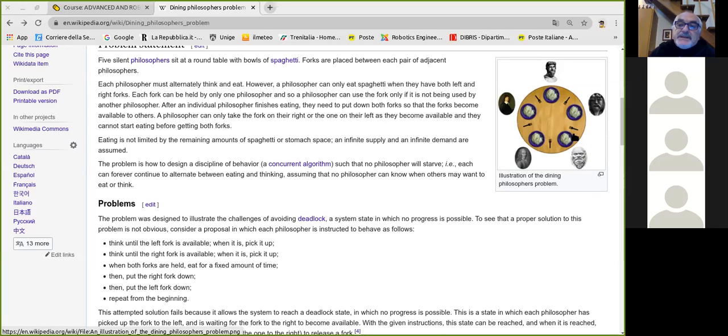If you look at the computation, you will see that each philosopher picks up one fork, the right fork, waits for a given time, and puts down the right fork. They pick up the right fork again. They don't have the left fork because the left philosopher did the same. So after a given time, they put down the fork again.